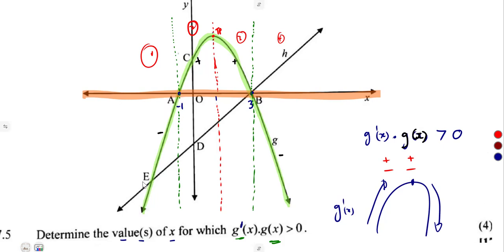We are going up. The graph is going up from -1 up to the turning point. So in terms of the first derivative, the graph is going up. So that's a positive. We're talking about the first derivative.